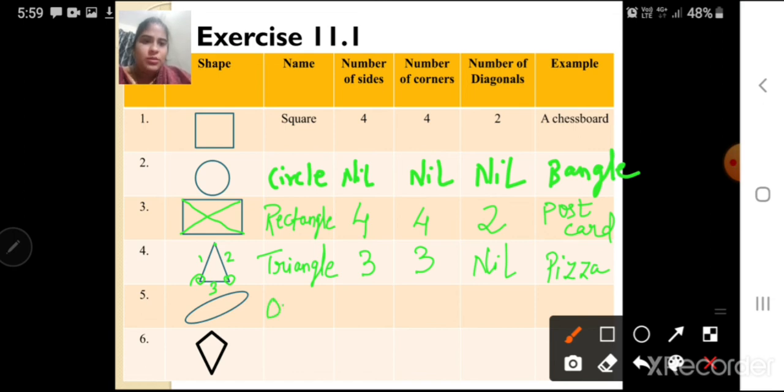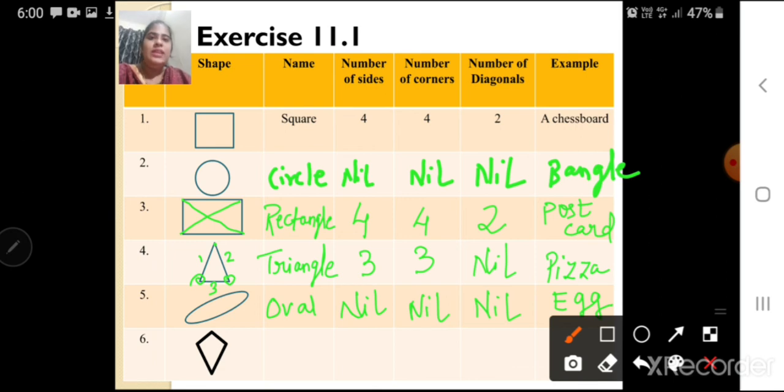Which shape is it? Oval. Now how many sides are there? Again, there are no sides, nil, no corners, nil, no diagonals, correct? And an oval shape can be seen in an egg, so we'll write your example as egg.